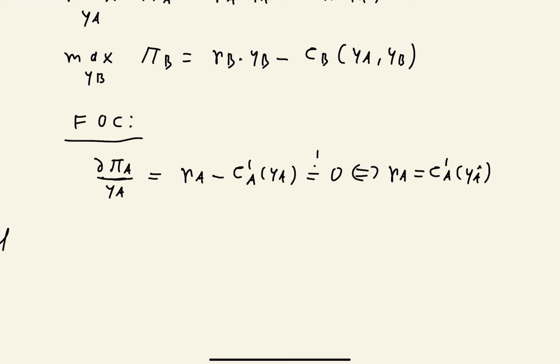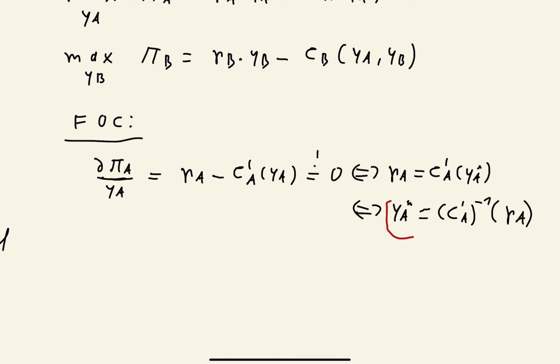Okay, there is one more step that we can do. We can do the step because the cost function CA is strictly convex, which means that the marginal cost function is also strictly increasing. Hence, we can invert the cost function in order to get the following. Then we have YA star is equal to the inverse of the marginal cost function, denoted by CA prime minus 1, applied on the price.